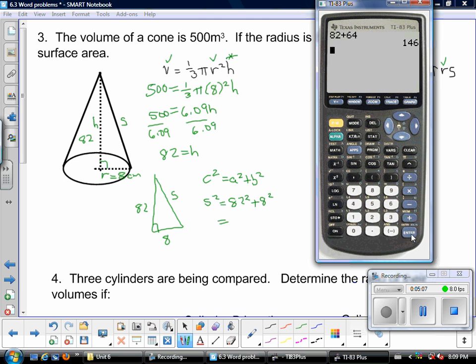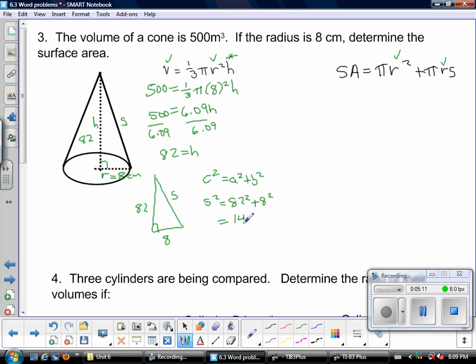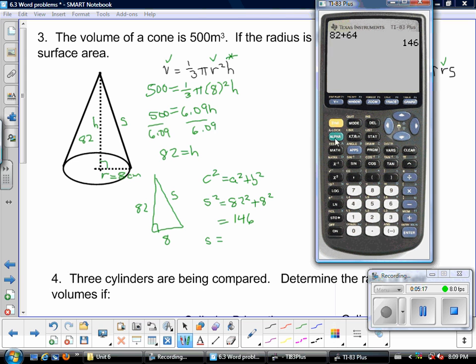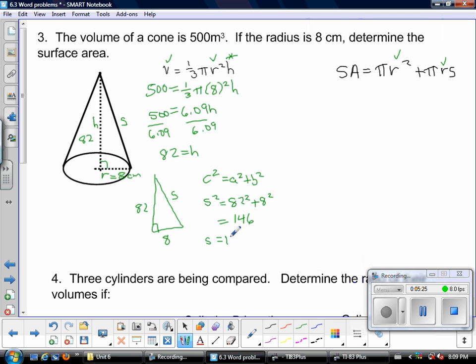So 146. So that means S, we take the square root of it. And I'm going to ask my calculator to take the square root of the answer. So approximately 12.1. So we have that as 12.1.